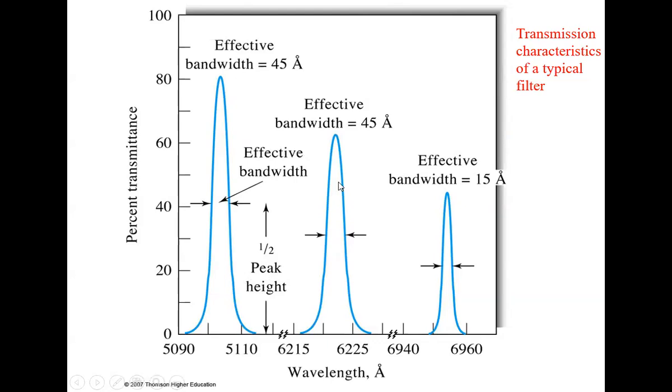So the other one here, if you have an effective bandwidth of 45 angstroms, then you have here between 5090 and 5110 angstroms.